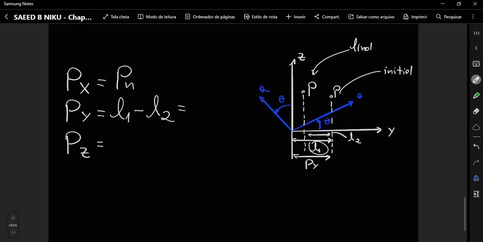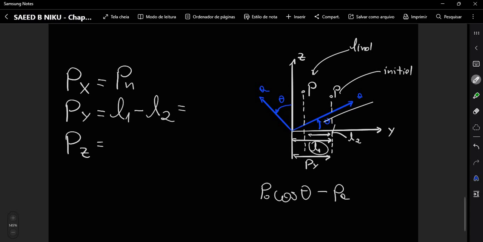L1 is the value of the point Po decomposed on the axis Y. So right here we have this angle, so we have to multiply by the cosine of this angle, minus, because we are taking the difference of L1 and L2 to find Py.